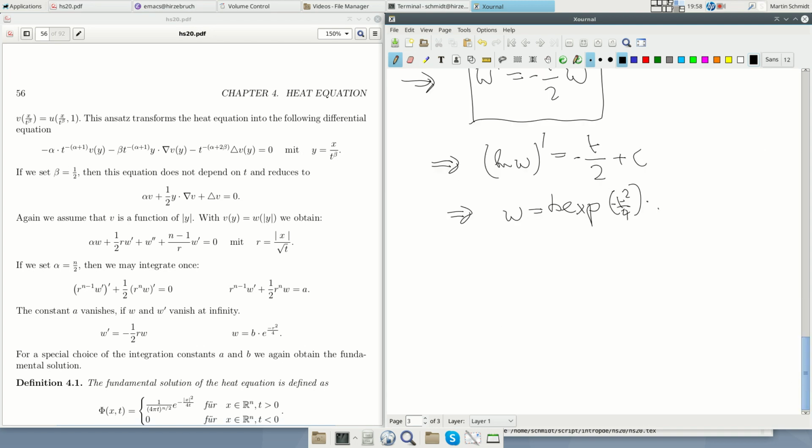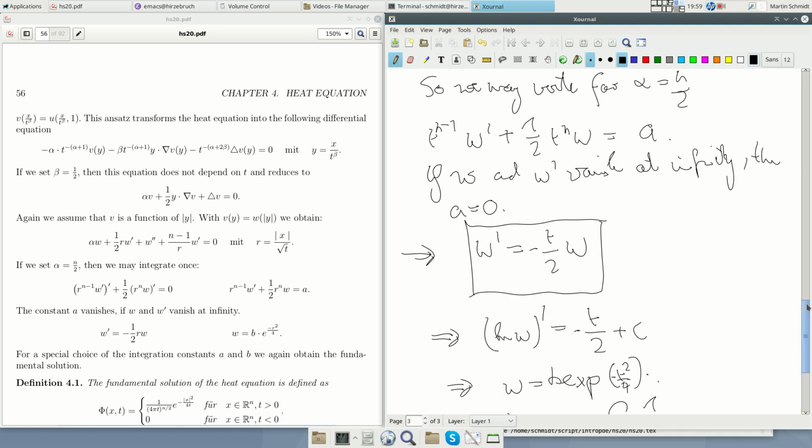Okay, now again, we take some special choice, a definition. Phi of x, t equals, okay, we define it as 1 over (4 pi t) to the power of n/2. This is some factor, and this is this factor t^(-n/2).